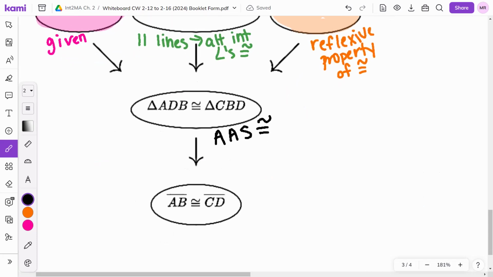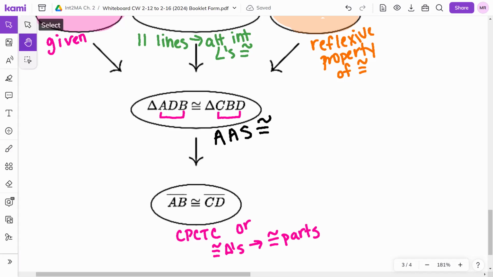If you look here, you see A, B, C, D, in the same order. So the reason for this is CPCTC, congruent triangles lead to congruent parts. Sometimes we can't prove the angles or the sides being congruent because we don't have enough information, but we can prove the triangles are congruent, which leads to the parts being congruent.